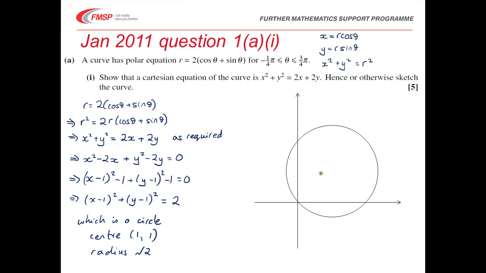It does make it much easier to do a convincing diagram. So it goes through the origin. The centre is 1, 1, and the distance from the origin to the centre is root 2, and similarly it's going to cut the axes at 2 on both axes.